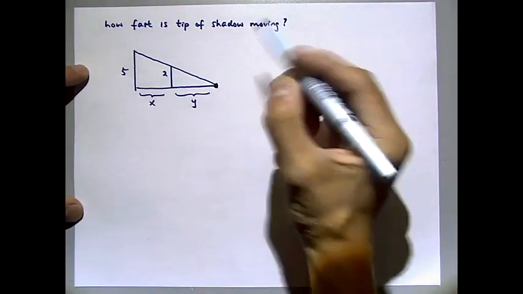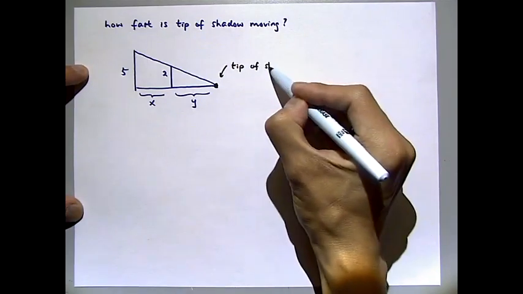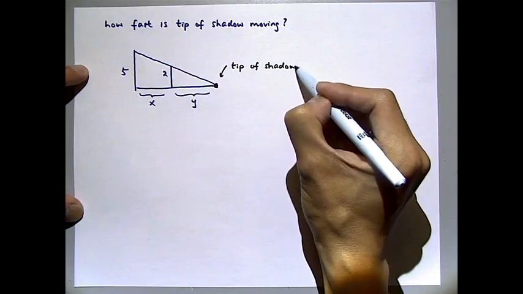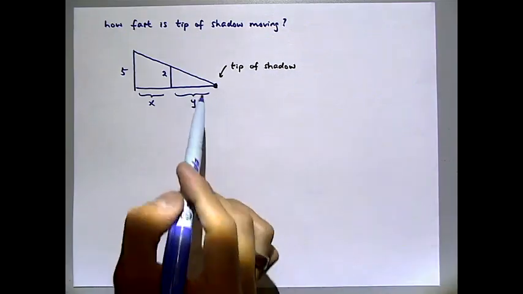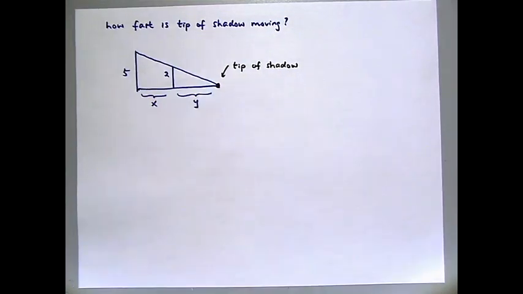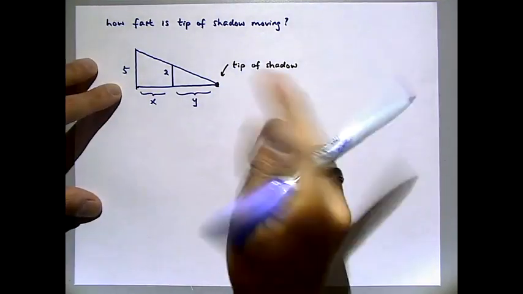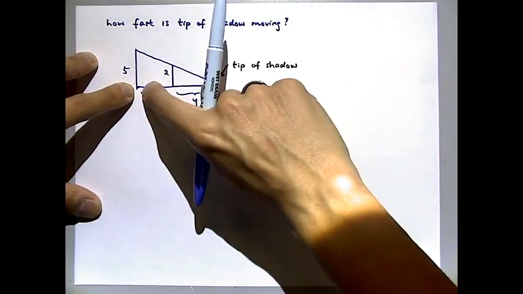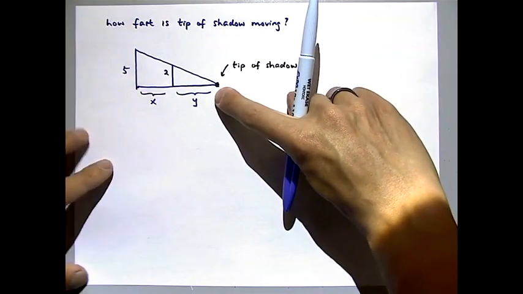And here's the tip of the shadow. And as he's moving toward the light, it's following him, right? It's following him, staying behind him. And there are two things changing how fast it's changing. It's affected by how fast he's moving toward the light, and also by how fast the shadow length is changing.